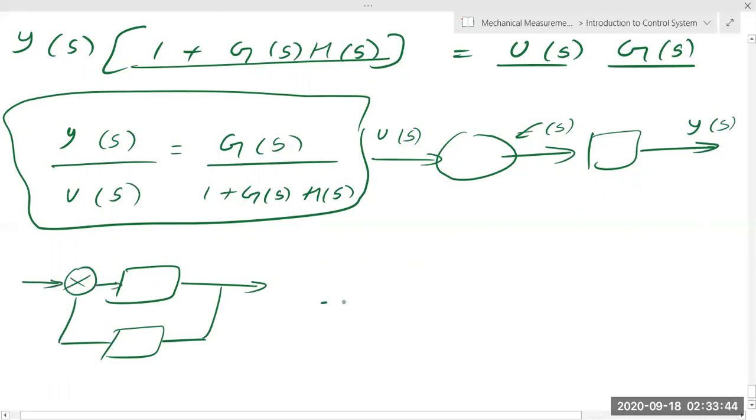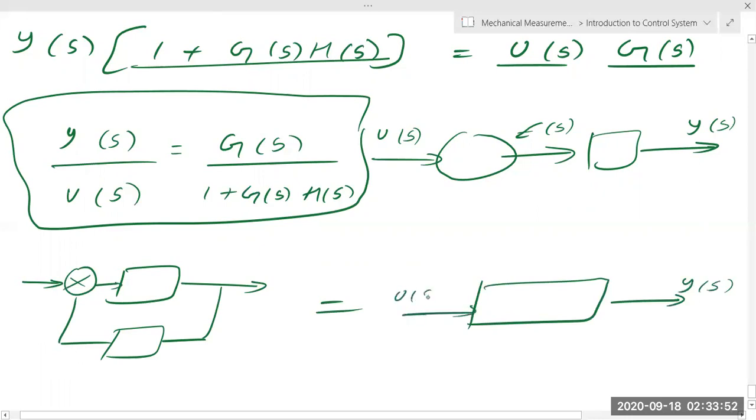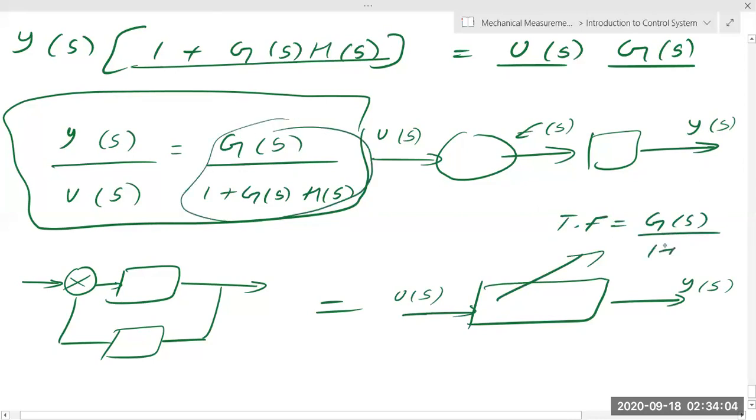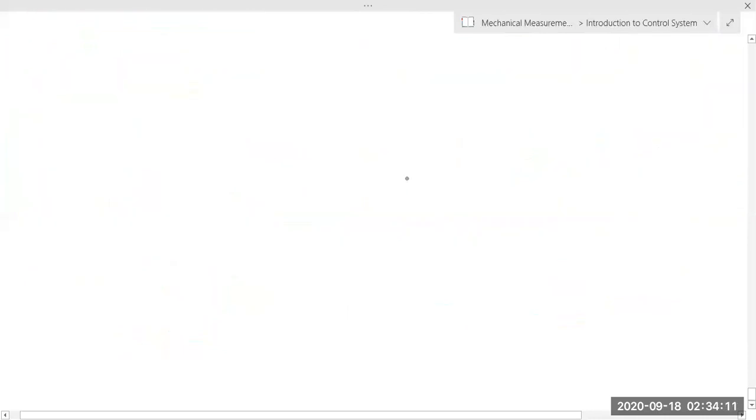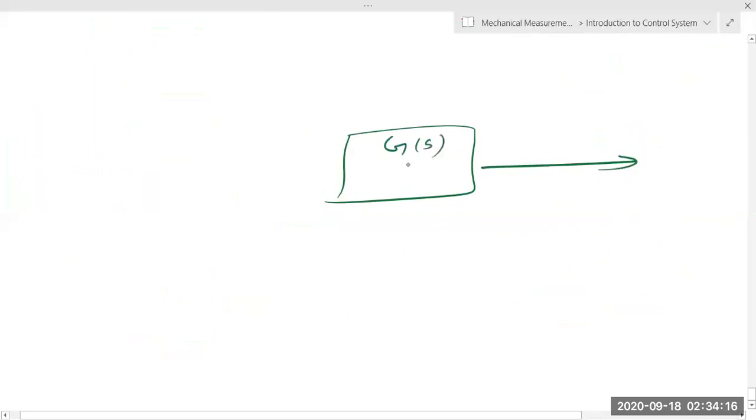This total can be converted into a simpler block which will have y of s, u of s, and a new transfer function which will be nothing but g of s upon 1 plus g of s into h of s. So we have written the transfer function for a feedback block as g of s upon 1 plus h of s into g of s.